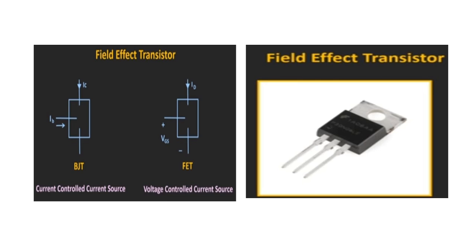FETs are smaller in size compared to BJT, and that's why they are commonly used in integrated circuits. Also, power consumption of FET is less than BJT, bipolar junction transistor. So they are used in many high power applications as well as in computing applications.